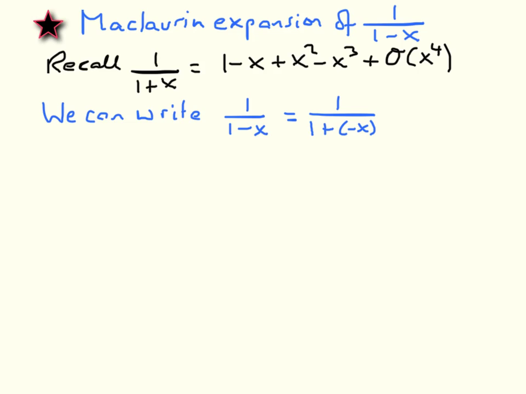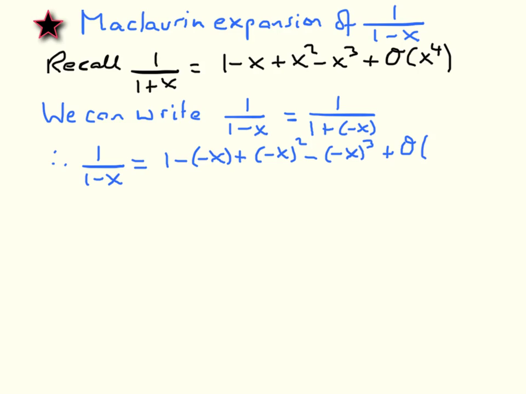So therefore, 1 over 1 minus x is going to be 1 minus, and now not x but minus x, plus minus x squared minus minus x cubed plus order, and now x to the fourth, but that can also be minus x to the fourth, but that's the same thing as x to the fourth.